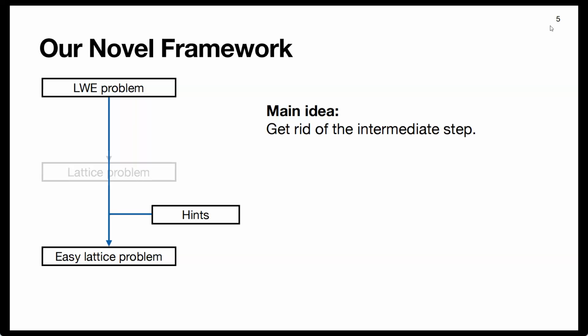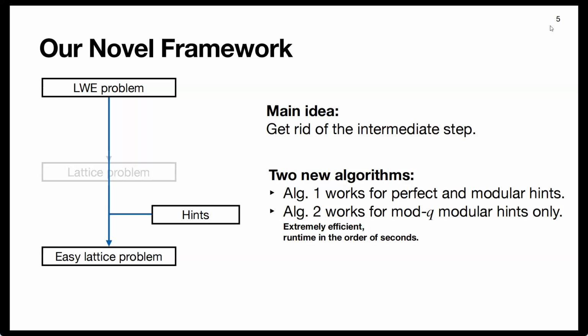We do, in fact, have not one algorithm, but two. The first algorithm, I just showed you the results on the previous slide. That's a very general algorithm that works for all kinds of perfect and modular hints. But we also have a second algorithm for a more restrictive setting, where we only obtain modular hints, modulo Q, and that's even more efficient.